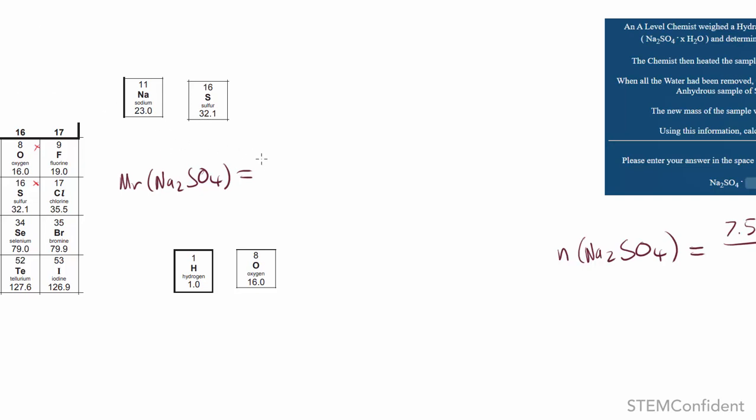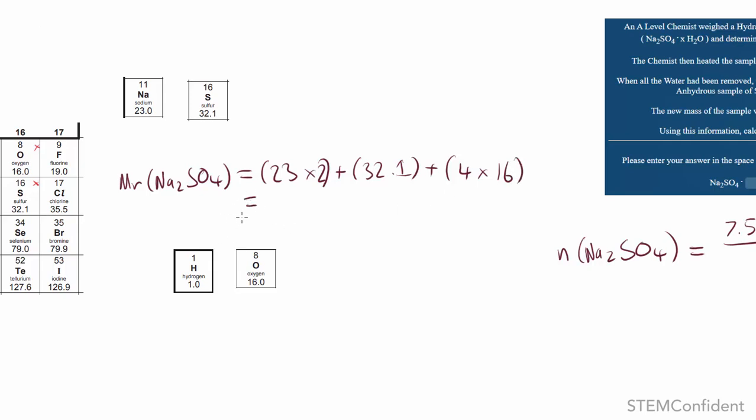First of all, we need the sodium, so that's going to be 23, but it's Na₂, so it's going to be times 2, plus for the sulfur, which is going to be 32.1, plus the oxygen component, which is effectively 4 times the relative atomic mass of oxygen, which is 16, right?